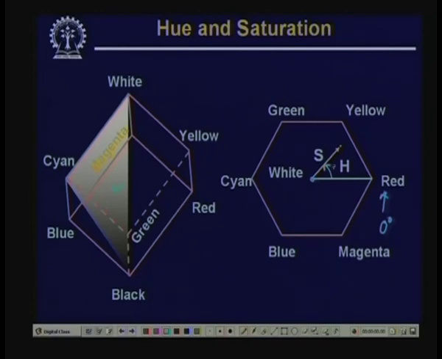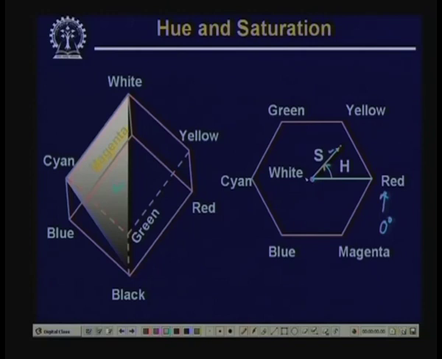As we rotate this shaded plane around the intensity axis, the straight line which is its projection will also be rotated by 360 degree, and as it is rotated, the hue is going to increase. So, hue is normally measured by the angle between the red axis and the line which is the projection of this shaded plane on the plane of this hexagon.